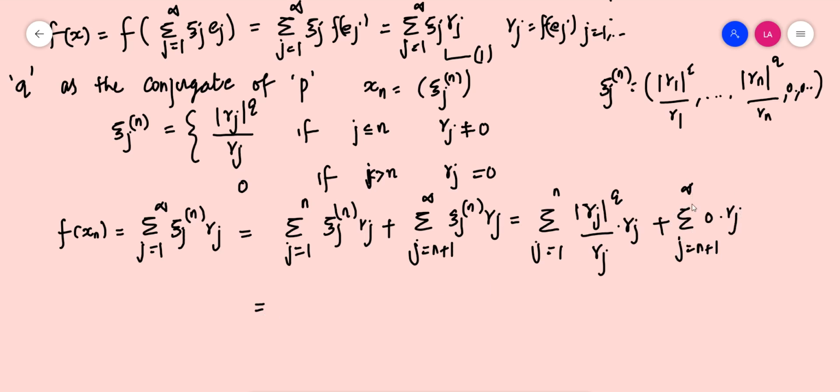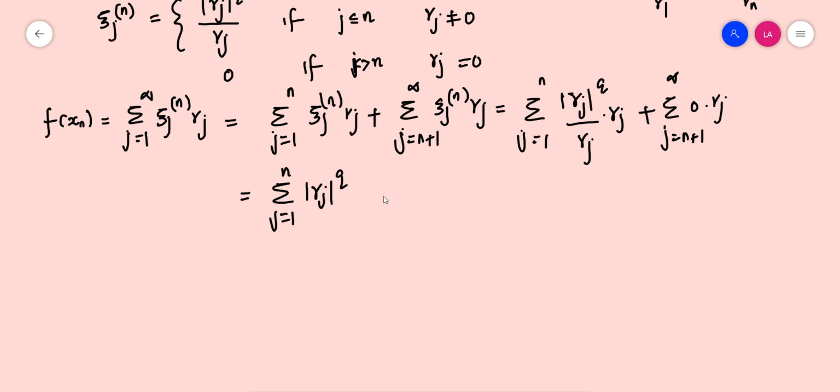Anything times 0 is 0. Here gamma j is taken to be not equal to 0, so we can cancel this, and this is actually summation j equal to 1 to n modulus of gamma j the whole raised to q. We call this equation A.